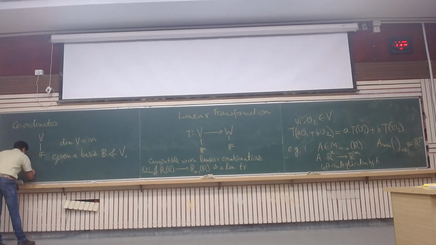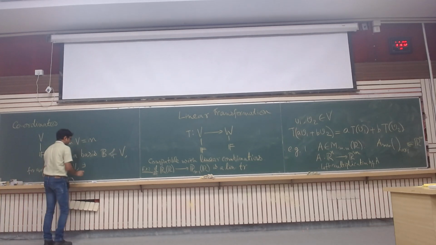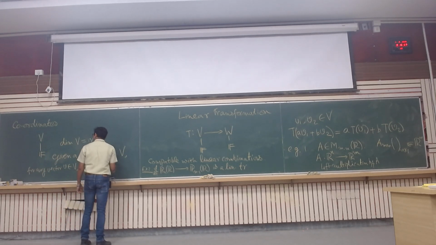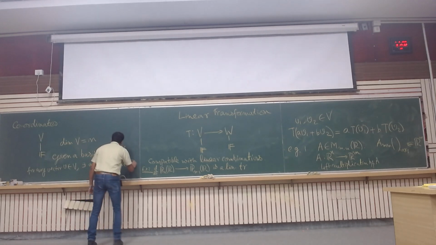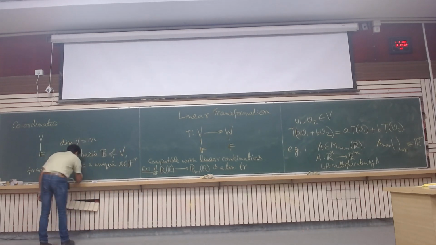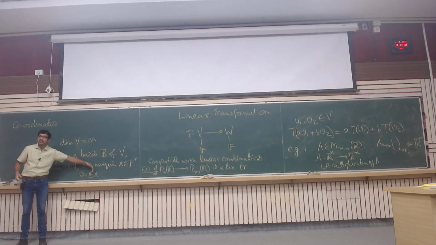for any vector v in V, there exists a unique coordinate, that is, a unique x in F^n such that v is equal to Bx. What does it mean? By B here, we are just meaning the set of vectors v1, v2 to vn, and this is giving the linear combination.